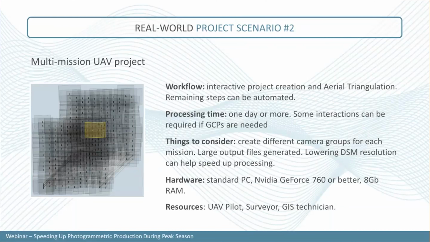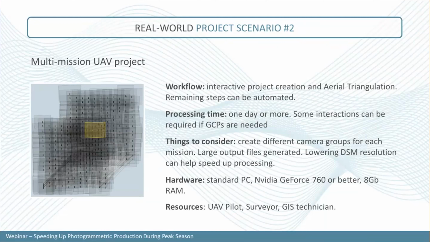For each flight, maybe you want to use a different group, so you give a bit more flexibility to the AT. So at project creation, you will select 4 groups with 4 cameras, and each flight will be one group. It's going to give a bit more flexibility to the final project.